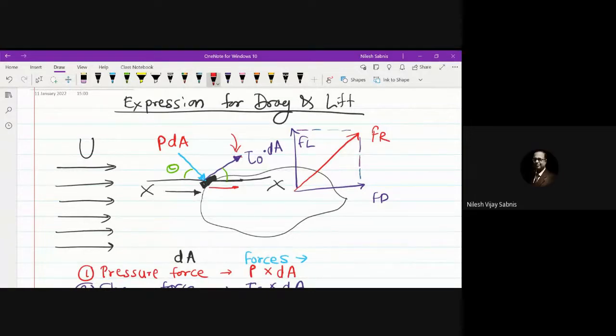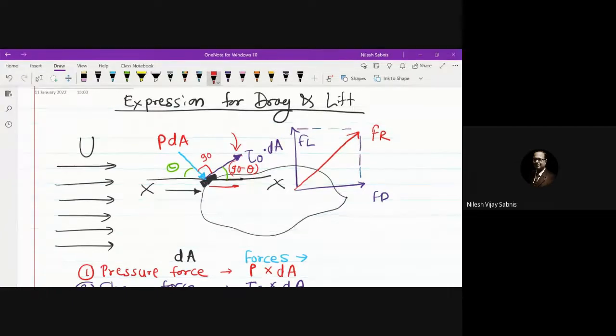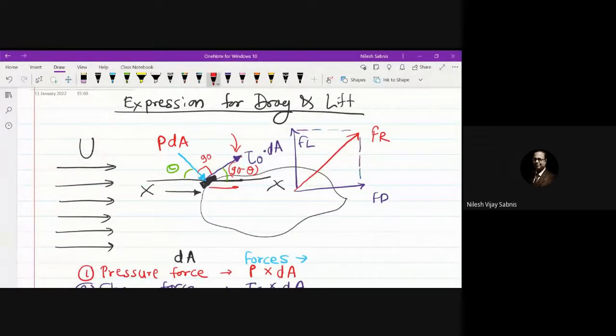No, this is not theta, this is 90 minus theta. If you observe the diagram correctly, this will be 90 minus theta, because here the angle is 90. Total angle is 180, and 90 minus theta will be the remaining angle.